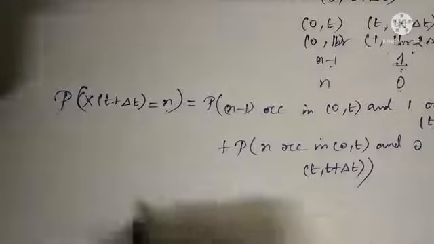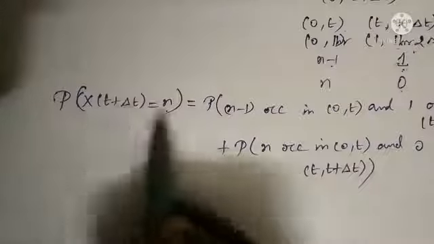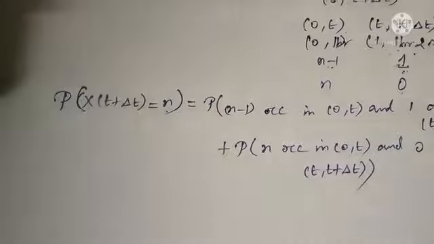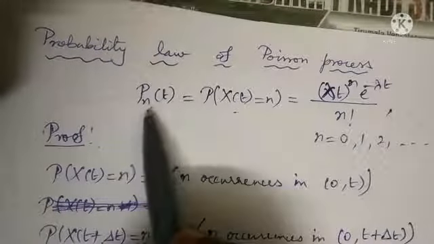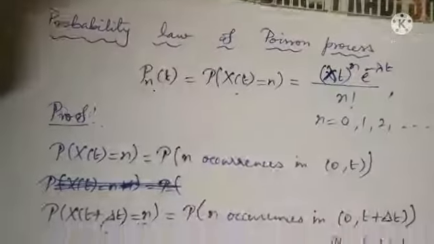Now let us write. I have already told you how to rewrite this: P of X of t equal to n is Pn of t.